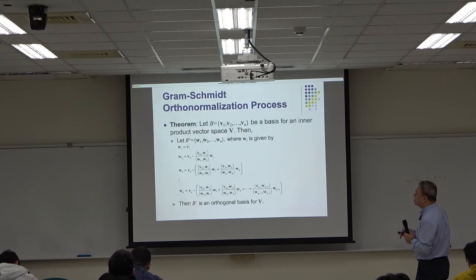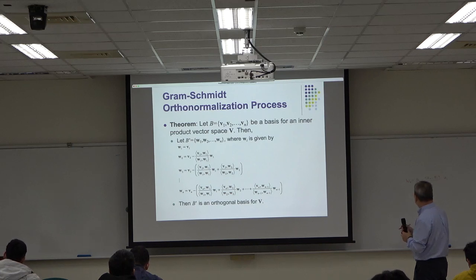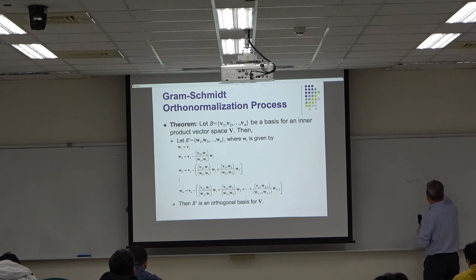W2 is this one. W1 is A1, and A1 squared should be A1.